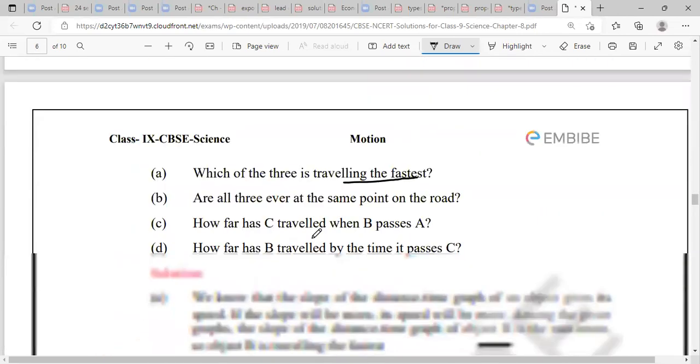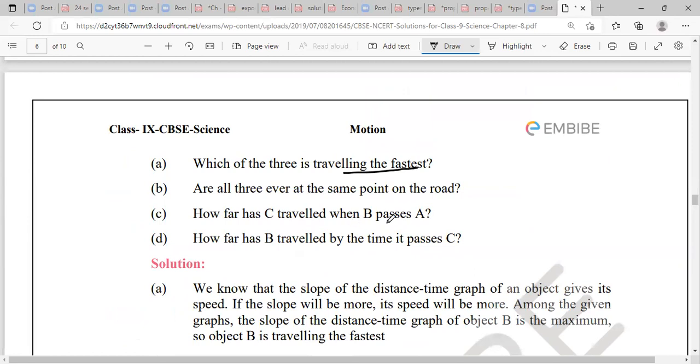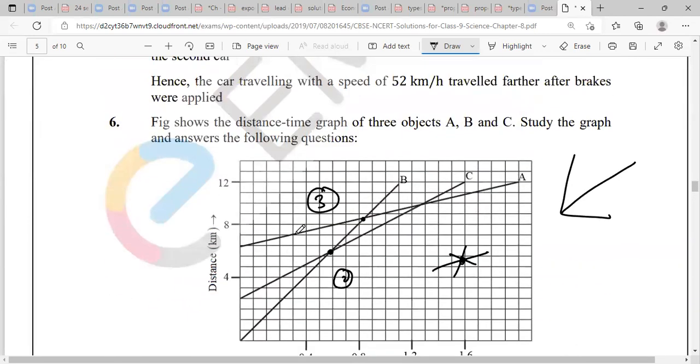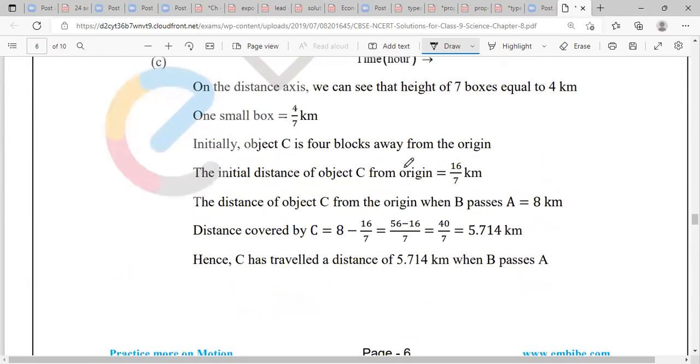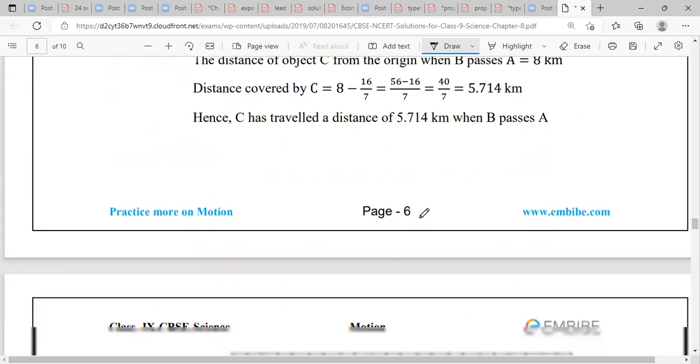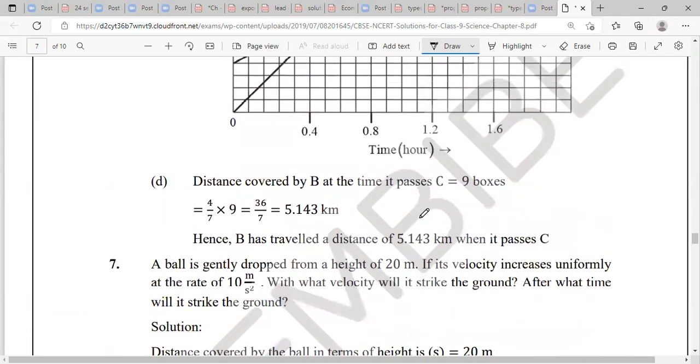The next question, number 3, is how far C travels when B passes A. You can see how far C is traveling. This one is C. So how far will it go once B passes A? It is basically a hypothetical object, so you don't have to go for it. Just calculate it like this.